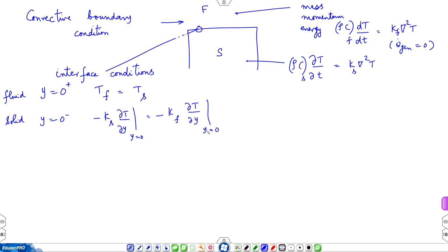So, continuity of heat flux, continuity of temperature. These conditions have to be applied at the interface, and then you have your own energy equations in each of the media. So, this will have to be solved in general.